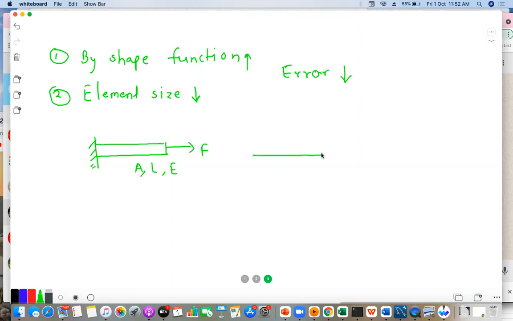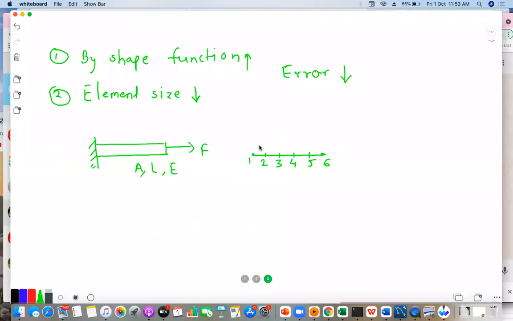Okay, and I am dividing this into, let us say, 1, 2, 3, 4, 5 elements. I am dividing the total rod into 5 different elements. Here it is node number 1, here node number 2, node number 3, 4, 5, 6.